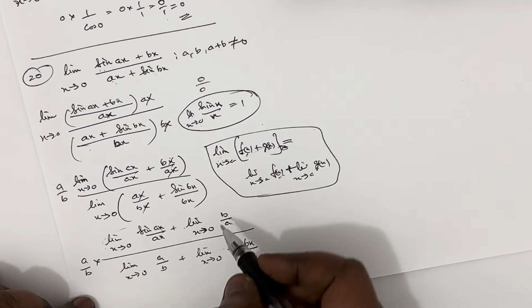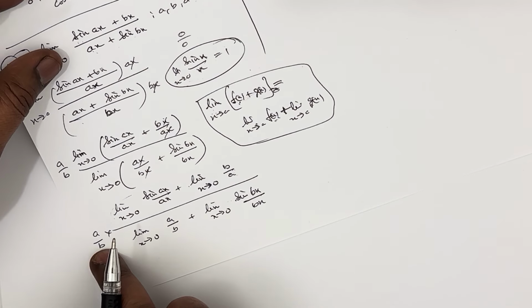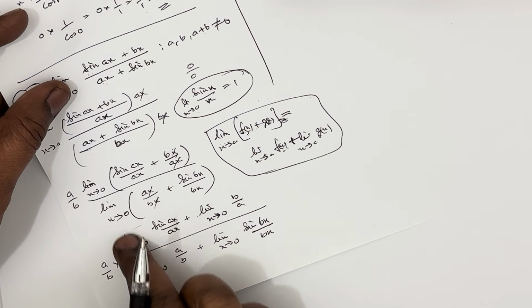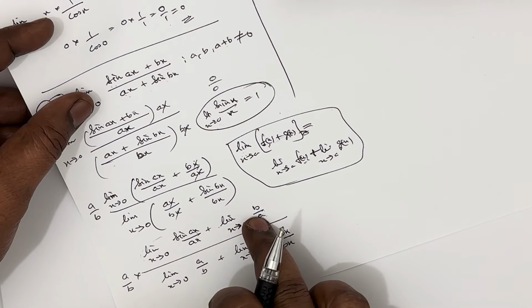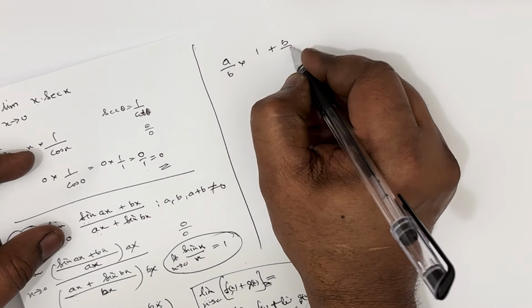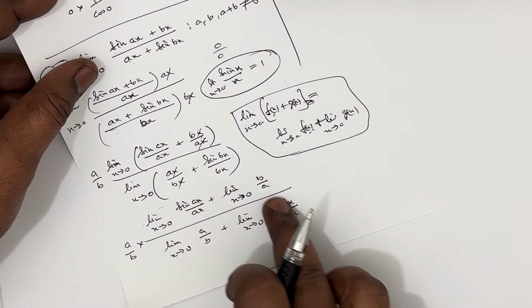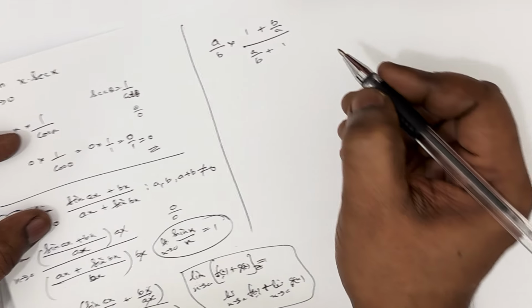So this now will be changed to a by b multiplied by, now this becomes 1, so 1 plus b by a, whole divided by a by b plus 1, where this becomes 1.